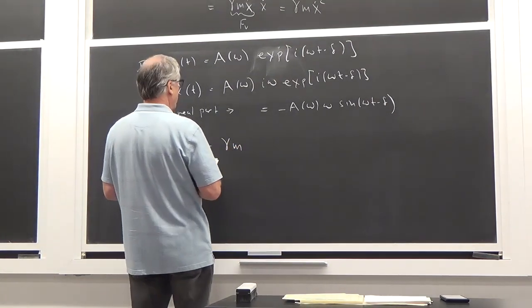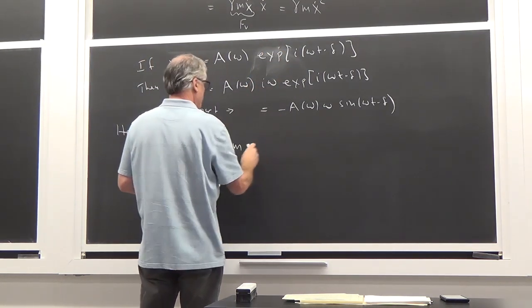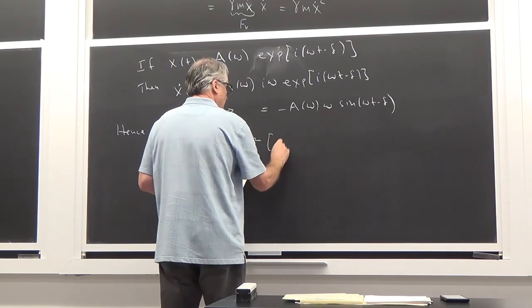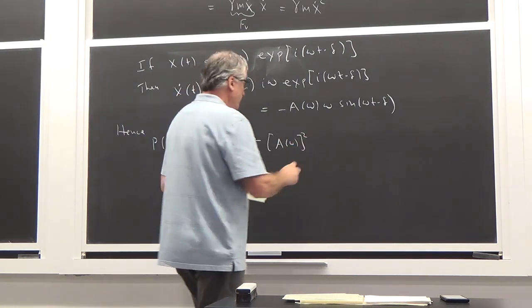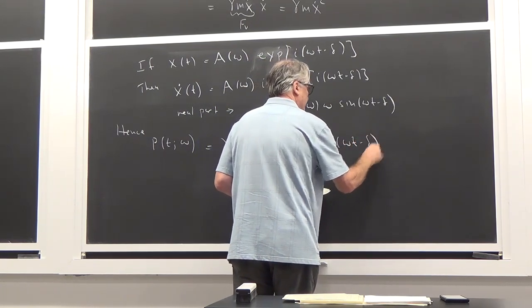So it's the gamma m, and then I have to square this. So let's bring out omega squared, a of omega squared, of course minus 1 squared is just 1, sine squared omega t minus delta.